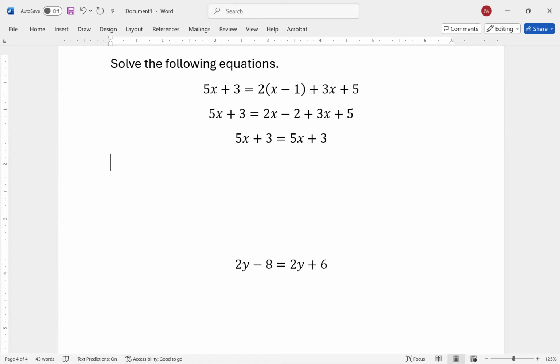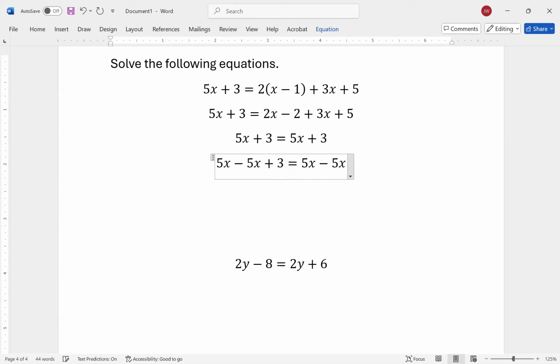Now the usual thing we do next is get rid of a variable term on one side so that all of our variable terms are on the other side. So let's say I wanted to get rid of the 5x on the left-hand side. Then I'd subtract 5x from the left-hand side.